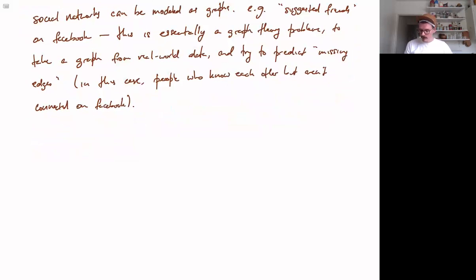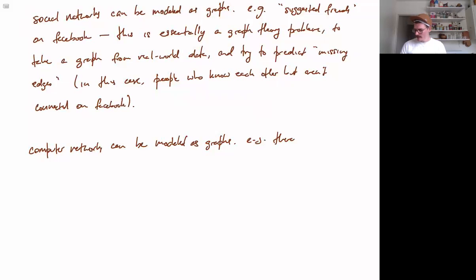Another, computer networks can be modeled as graphs. And for example, of a problem that comes up in this context, you are listening to me talk over the internet right now, but there is no direct line from my computer, where I'm saying these things, to your computer where you're hearing them.